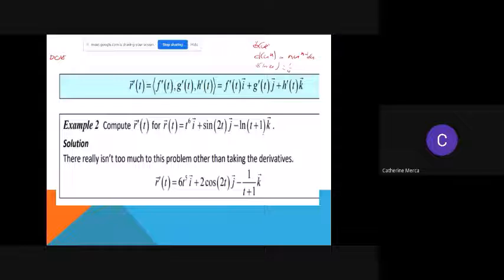So mag-chain rule lang pagka meron pa kang, kahit mag-chain rule tayo, lalabas pa rin 1 over t plus 1 because of this. Pero for example t squared itong t, then ang derivative niya becomes 2t over t squared plus 1. Nakuha? Yes, ma'am. Okay, sige, good.